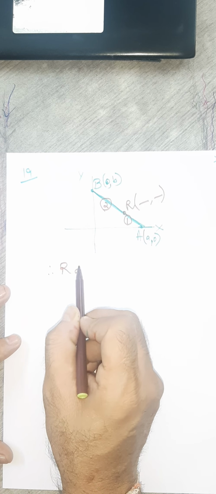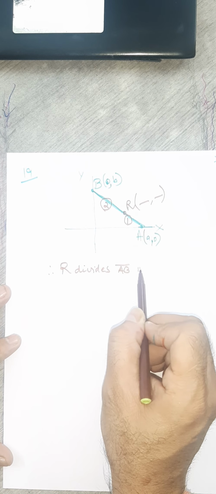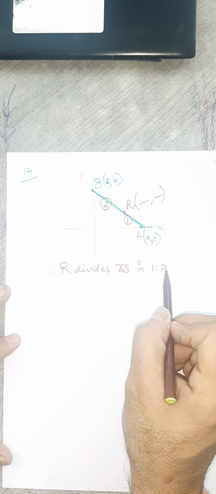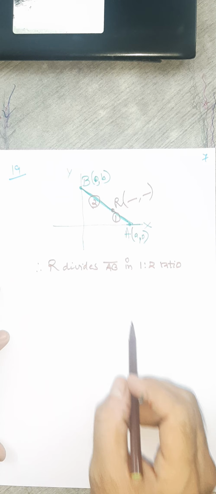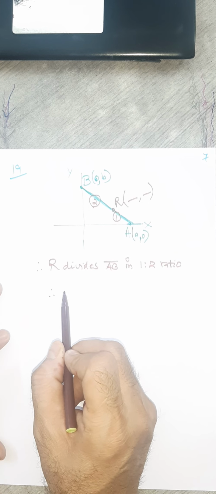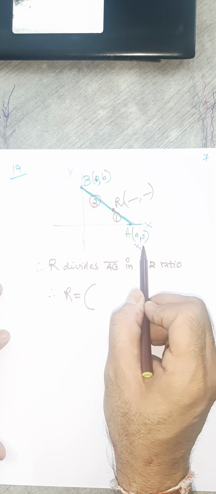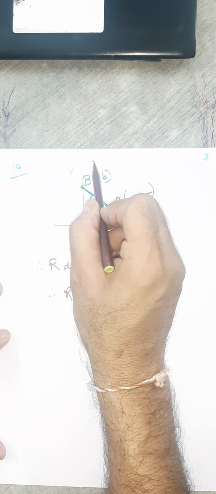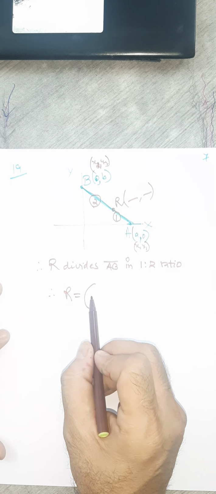I'll write R divides line segment AB in 1:2 ratio. So coordinates of R will be here. Remember, this is like (x1, y1) and this is like (x2, y2) as per our formula. Okay, don't get confused. Now what's the formula?